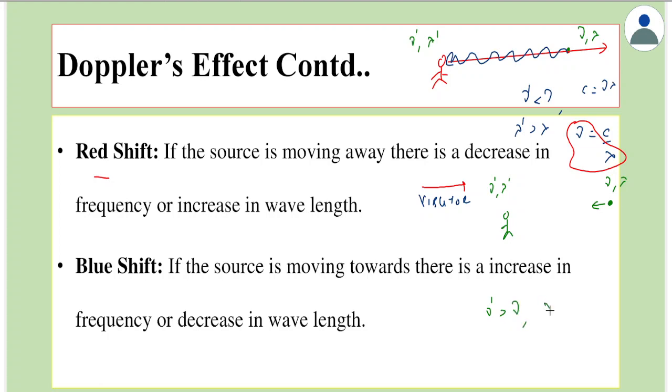That would mean lambda dash is less than lambda. So the wavelength received would be less than the emitted wavelength. Means we get a lesser wavelength, and that's called blue shift. The terms blue and red are only used to indicate a higher or lower wavelength, not blue or red color as thought. Whenever we have blue shift, it means the source is approaching the observer.